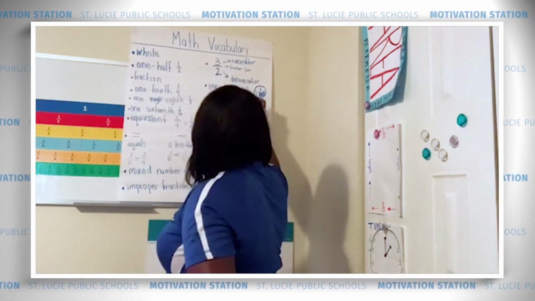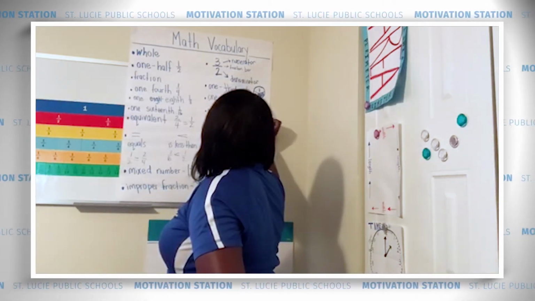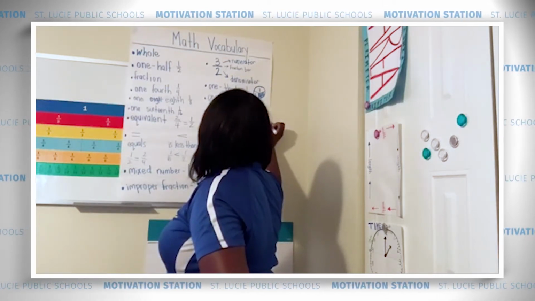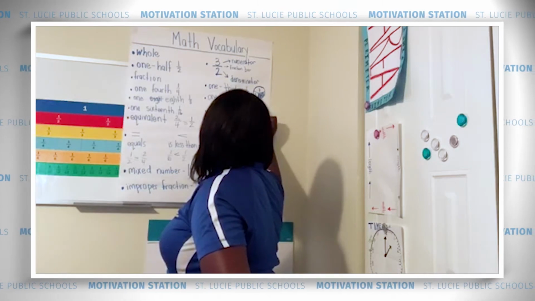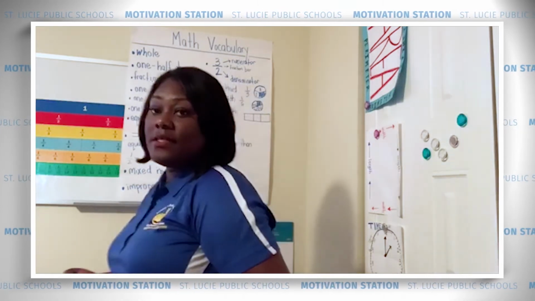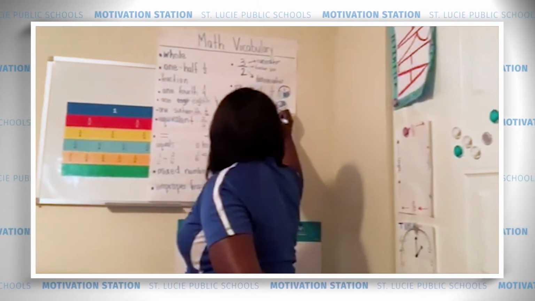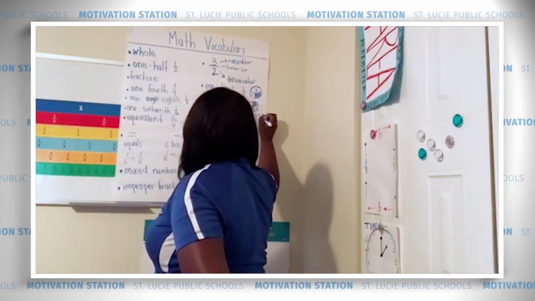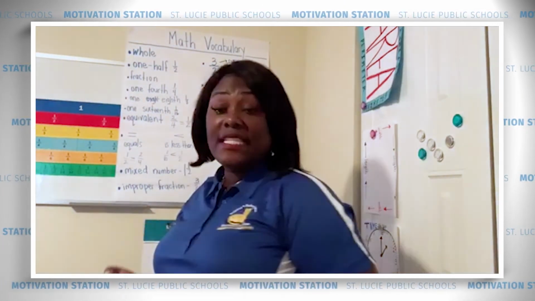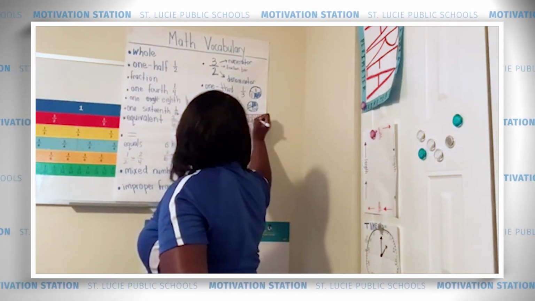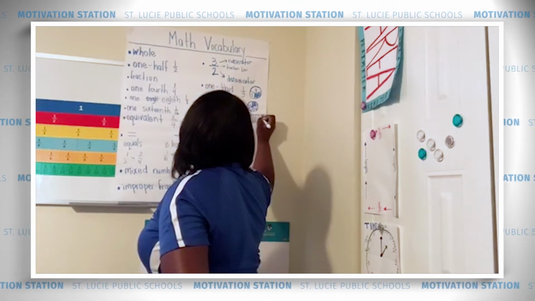And for this one, we are going to draw the rectangle. And we're going to section the rectangle into thirds, as so. And we're going to part each third in half, creating six. And then we're going to part each sixth in half, creating twelfths.